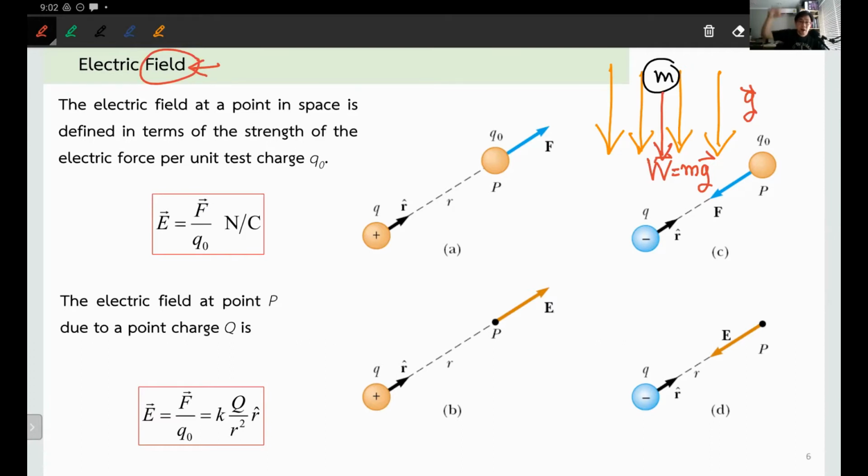So you have already used the concept of field in the gravitational field. The space around me already has the downward gravitational field. Once I place the mass there, that mass will experience the downward force. Now, let's do it one more time. Imagine this is not the gravitational field anymore, but some other field, and it turns out this field interacts with charge.